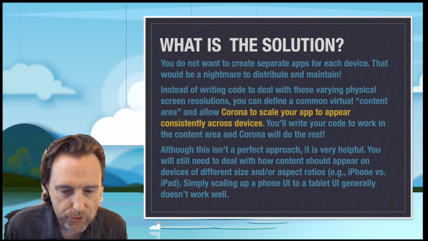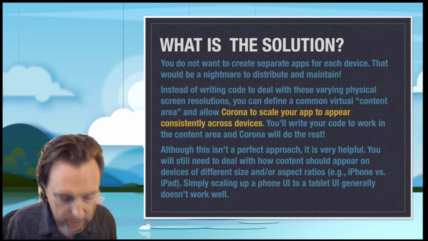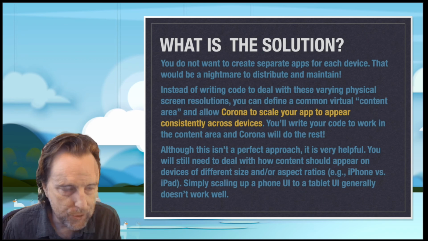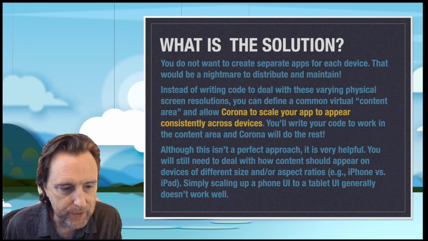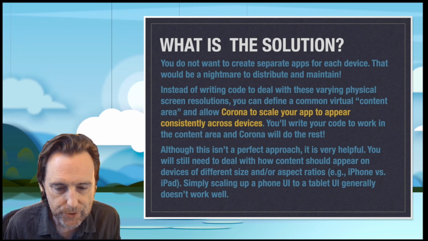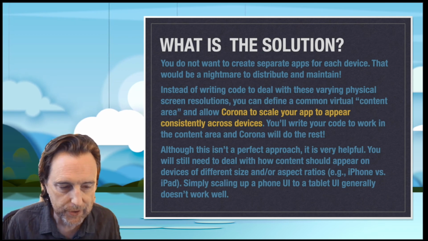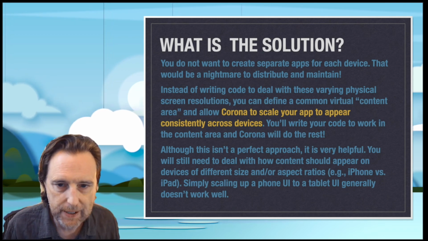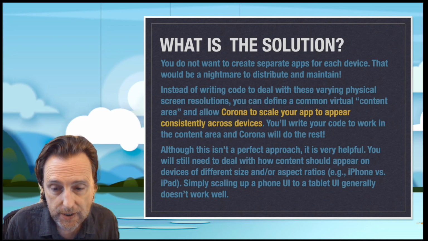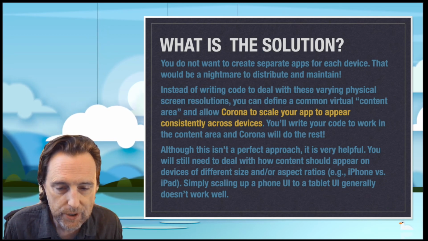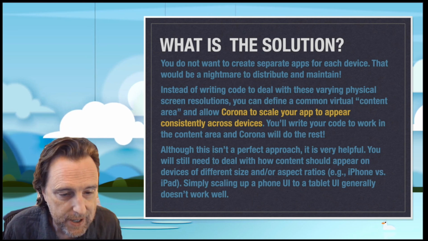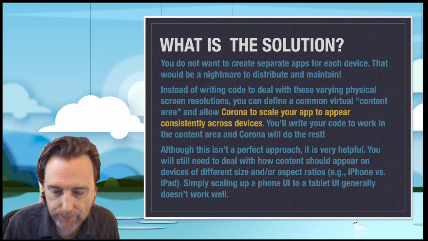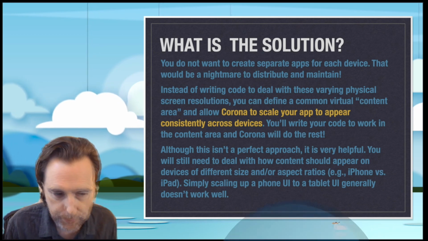So to a large extent, we can avoid having to use variables to position everything. Instead we can still use, for instance, settings we might get from Drawn to Code when we drag stuff around exactly the way we want it. And then we can tell Corona or Solar 2D what kind of scaling system we want to use, and it'll take care of that. And in general, make things look pretty good.